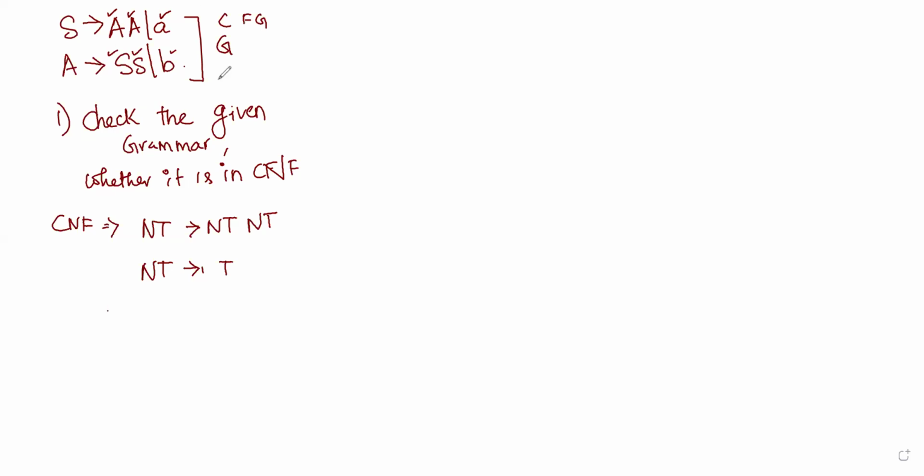So now this is in the format of CNF, so the first step is already clear. Actually, in the first step you have to find whether it is in CNF. Check whether it has null productions, unit productions, or any unnecessary symbols. When you are converting itself, you will be removing all the null productions and unit productions also.